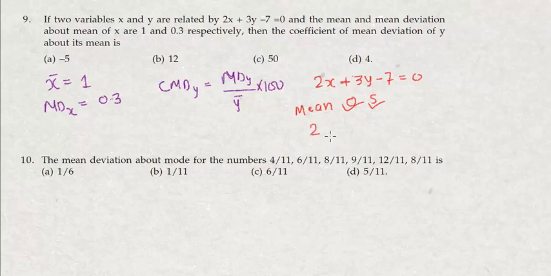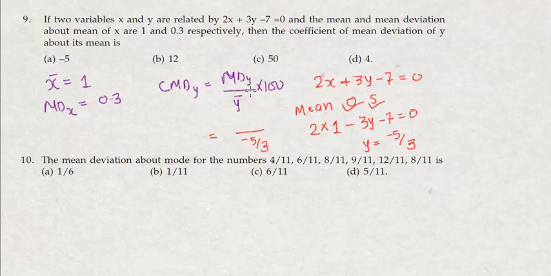Let us put 2 into what is the mean of x? It is 1 given, 1 minus 3y minus 7 is equal to 0. So here y will become minus 7 in 1 plus 2 is going to be minus 5. So it is minus 5 by 3. So this is our mean. Let us put it in the denominator. It is minus 5 by 3.